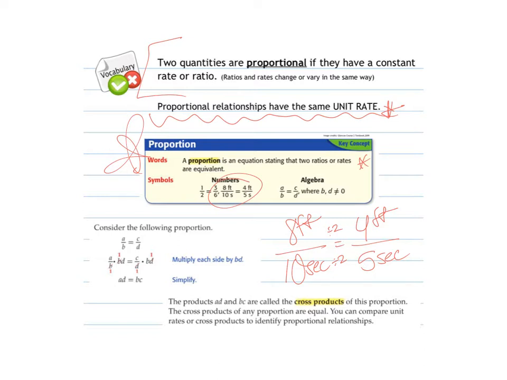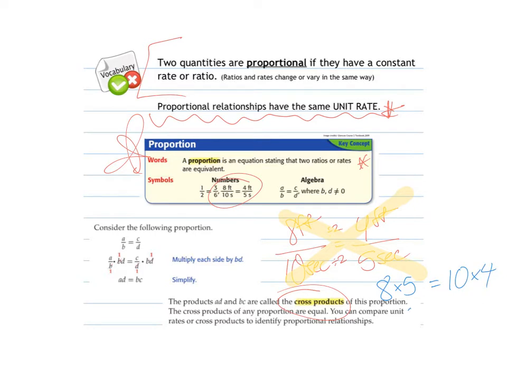Now we're going to introduce another new vocab. It's called cross products. If I use cross products here, I am going to multiply 8 and 5, and 10 and 4. So here I have 8 times 5 equals 10 times 4.